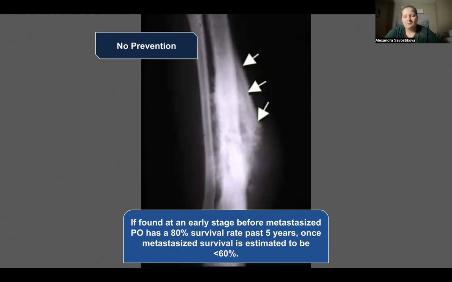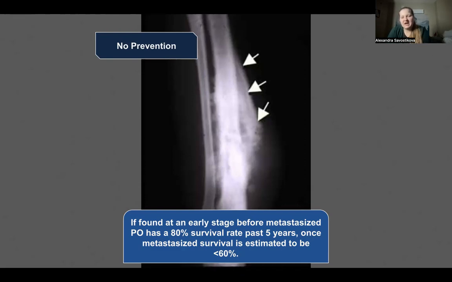So, when discussing survival with this diagnosis, before the cancer has metastasized, it has been found that PO has an 80% survival rate past 5 years. And this will also vary based on what source you're looking at, the newer ones, the generalized databases for all countries or just the United States. I have my sources at the end, but NCBI has the statistics saying it's about 80% survival past 5 years.